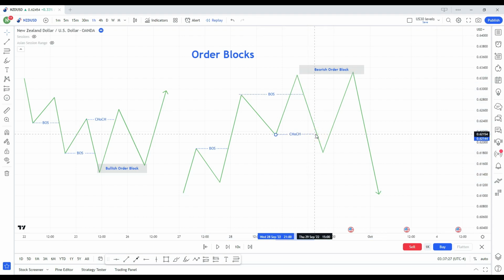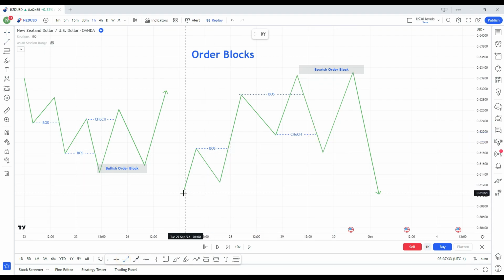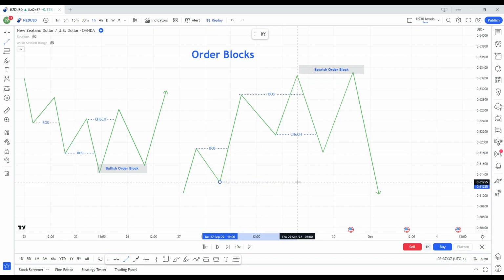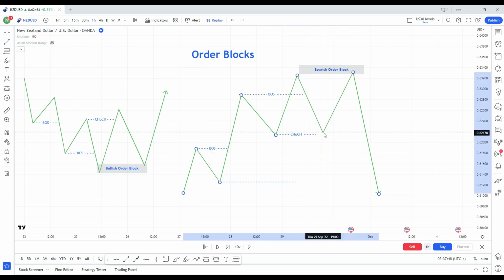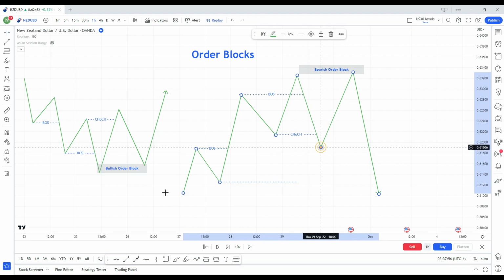Because for a break of structure to be valid, there is a continuous respect on this line here. So this one was not respected. There was a change of character. If this line was respected, then there would be no change of character. It would still be a continuous uptrend. That is very important.